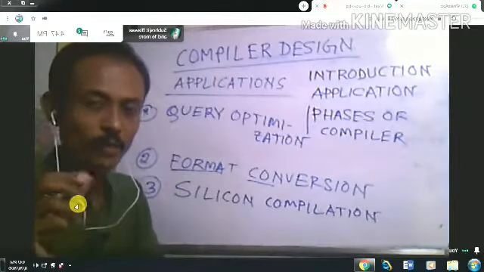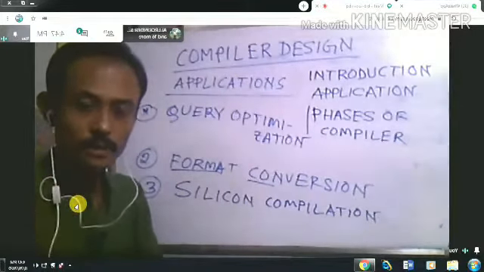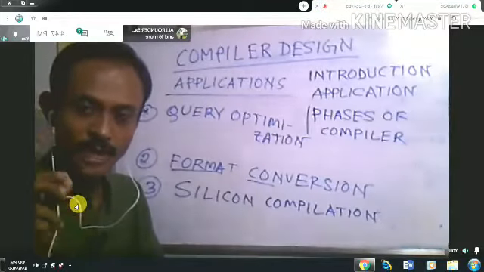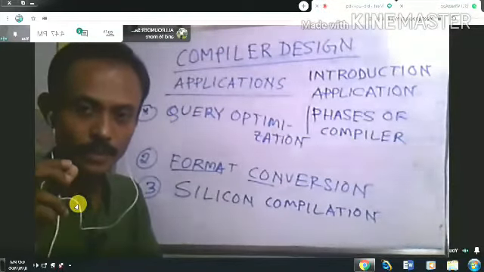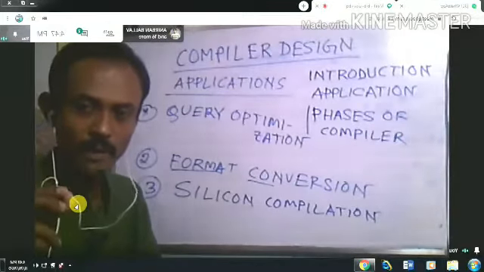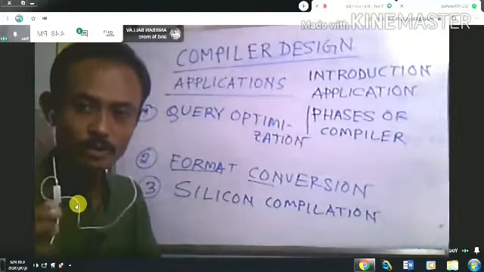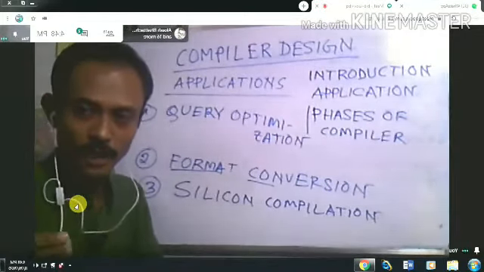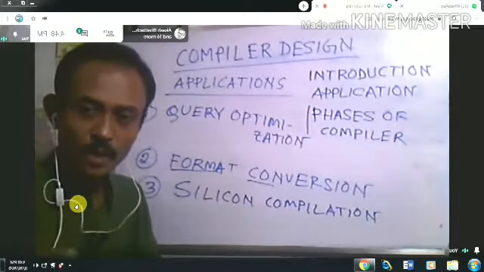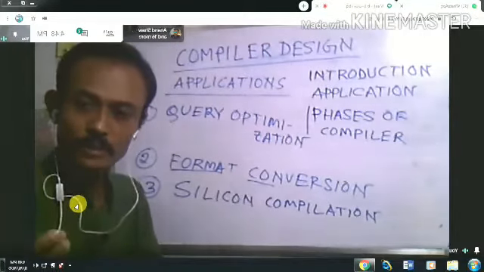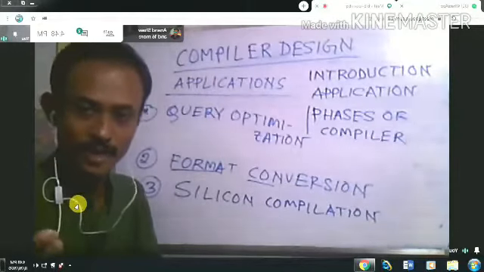You write a query for a particular requirement, and that query can take some amount of time, but your requirement is always to reduce that time. How can you reduce that time? By optimizing the query that you already wrote.